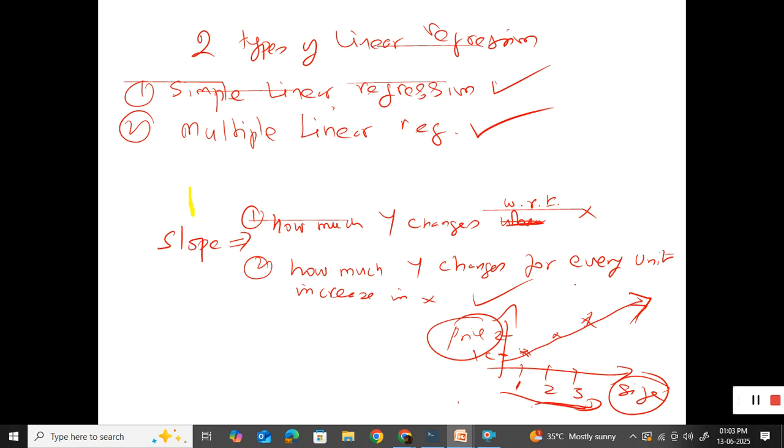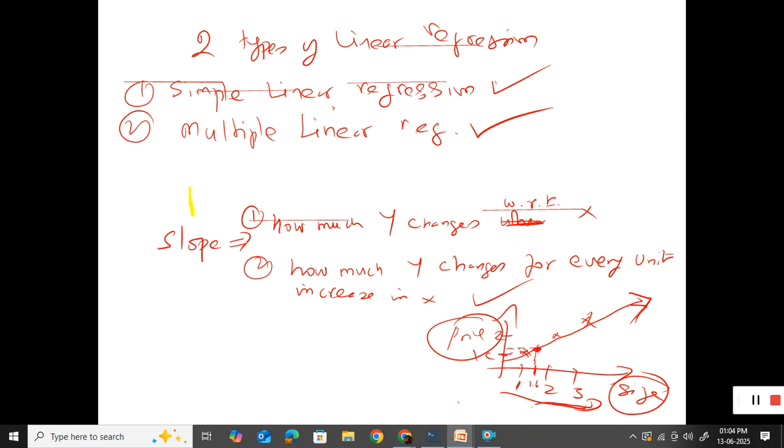Approximately, 1,600 square feet falls in between 1,000 and 2,000, somewhere here. If you draw a line vertically and horizontally to where it intersects this line, that is the estimated housing price.